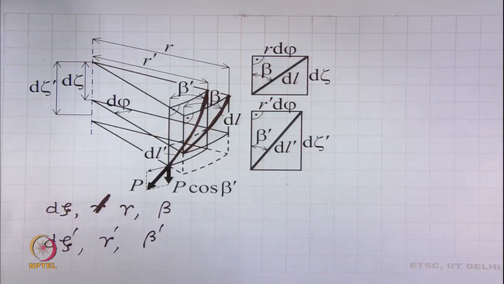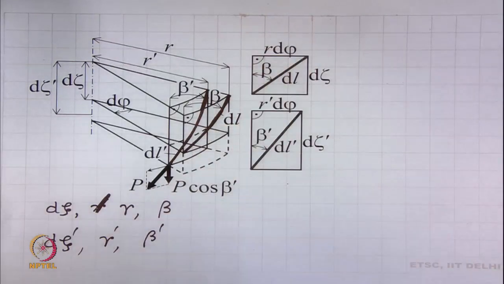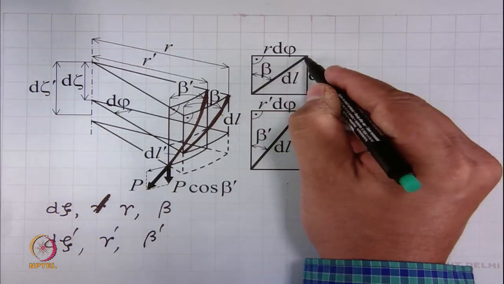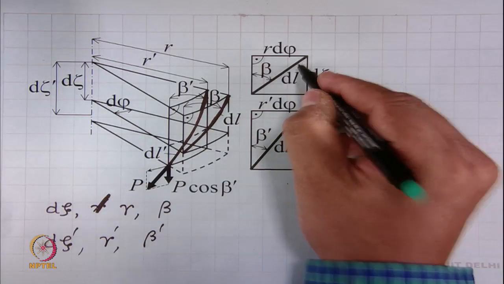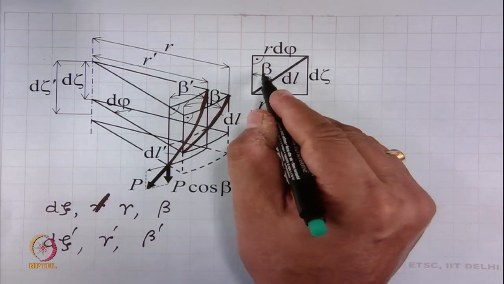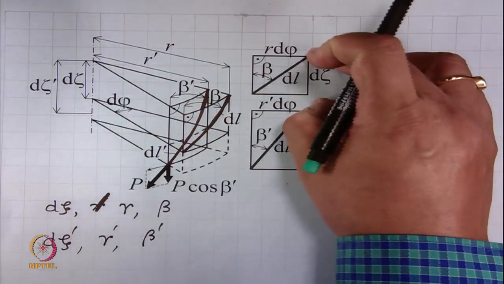Now if we see this top picture, this is the length dl, length of the fiber element, the angle of the fiber element to the axis of yarn is beta, this width becomes r times d phi and this is d zeta.